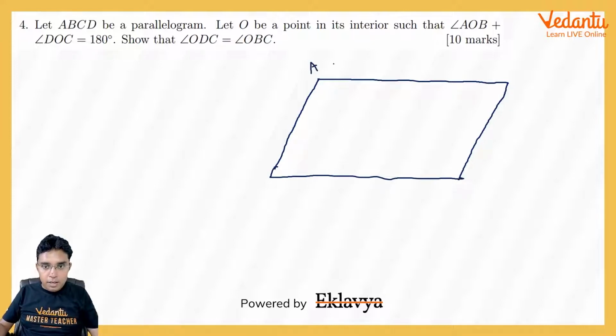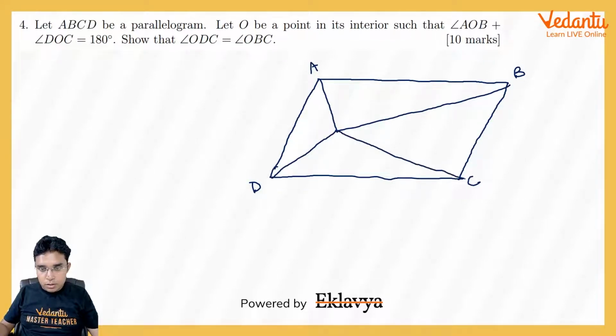Call this A, B, C, D, and O is a point lying in the interior, something like this, and joining O with D and O with C. We are given that the sum of angles AOB and DOC is 180. So if this is theta, this one would be 180 minus theta.